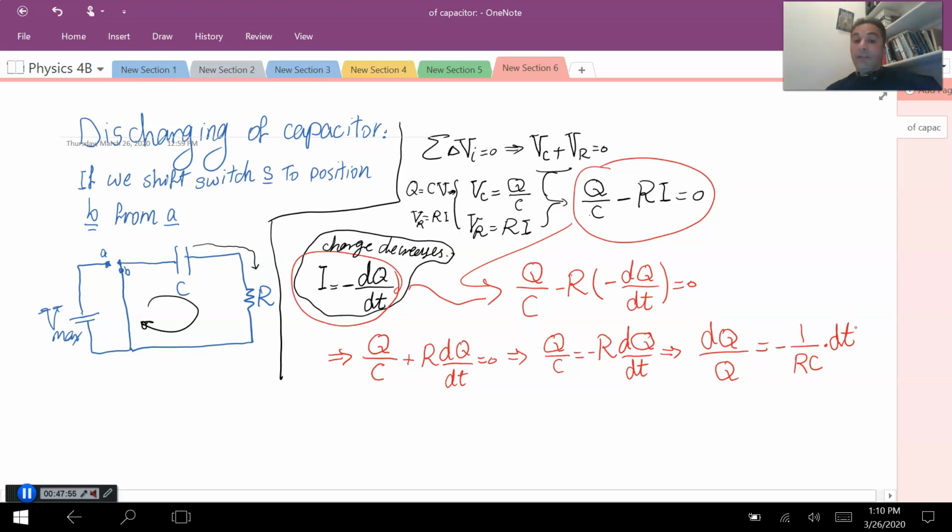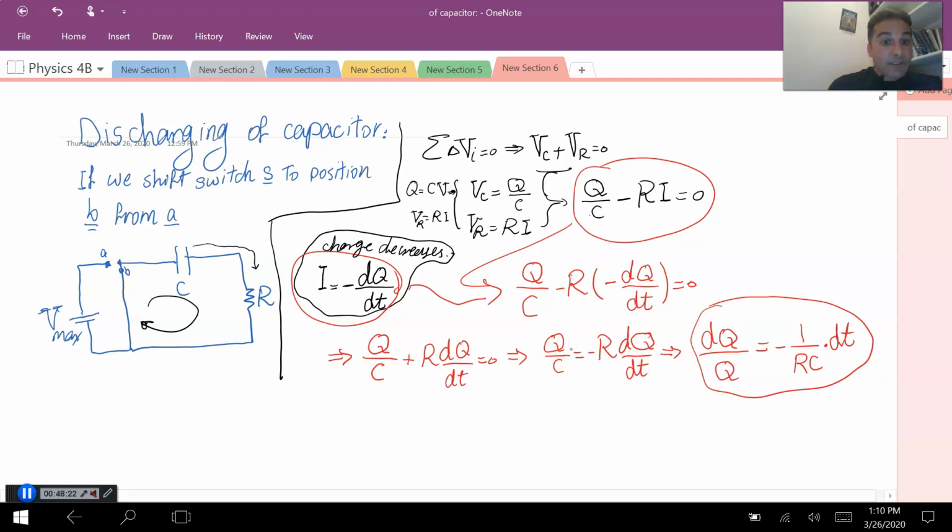Because in a differential equation, I have to move the same quantities to one side as much as I can, then the rest to the other side, correct? So here I moved q down, so it will be dq over q. You can do just cross multiplication. Anyway, I can get this equation. Watch, dq over q equal negative 1 over RC times dt.